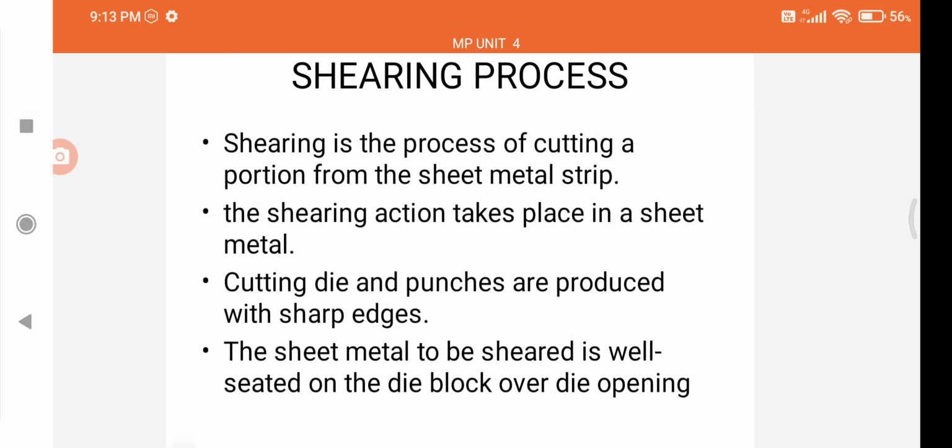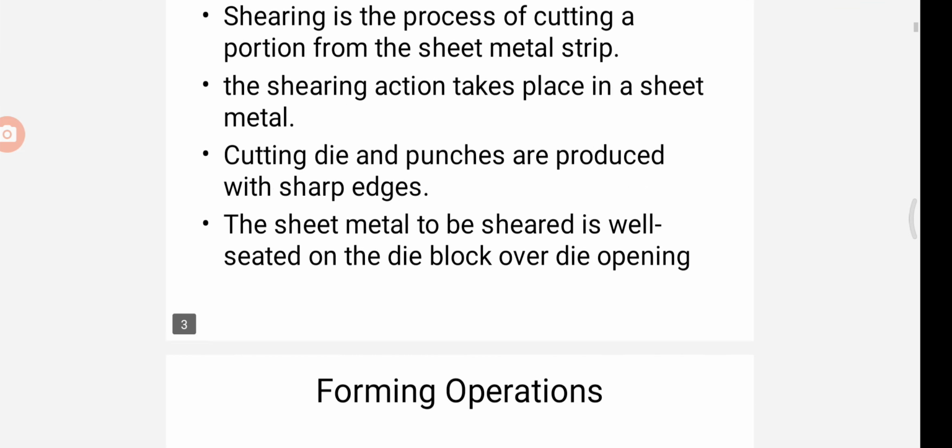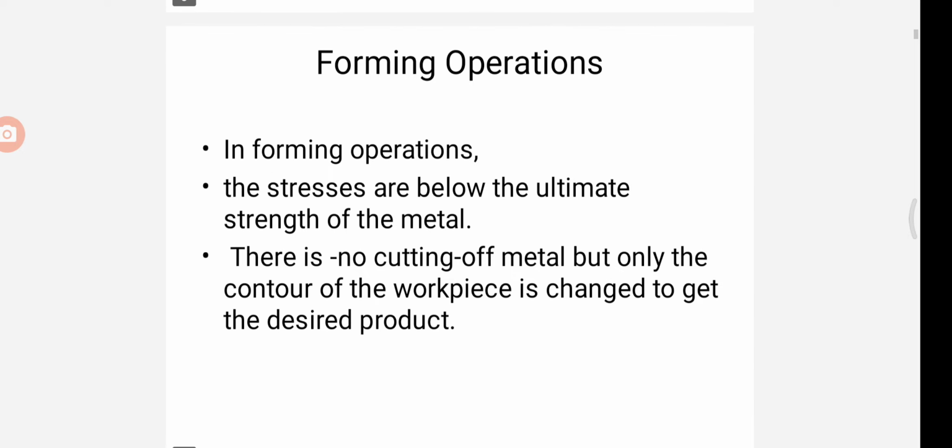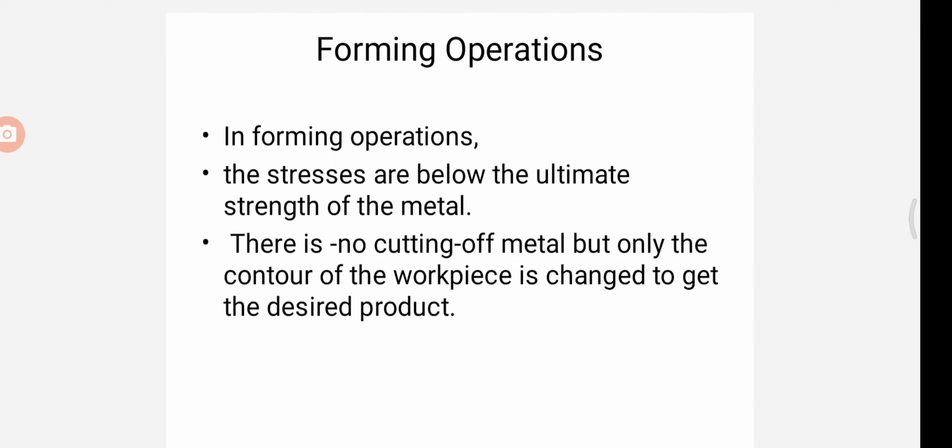So it is divided into the shearing process and the forming process. So what is forming? In forming operations, the stresses are below the ultimate strength of the material. There is no cutting of metal, but only the contour of the workpiece is changed to get the desired shape.